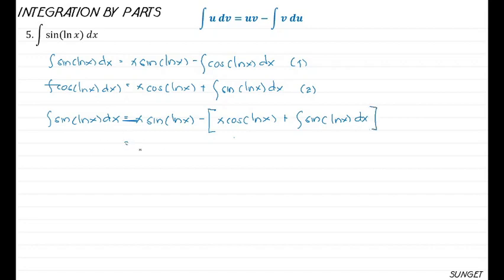Then multiply the negative through, so x sine of ln x minus x cosine ln x minus the integral of sine of ln x dx. Transpose the negative integral of sine of ln x dx to the left side.